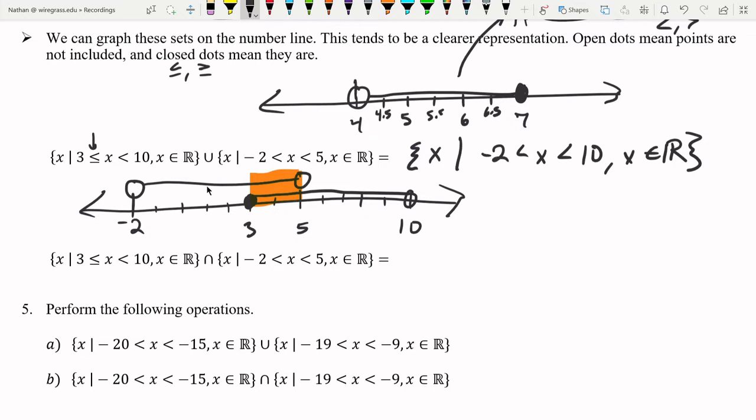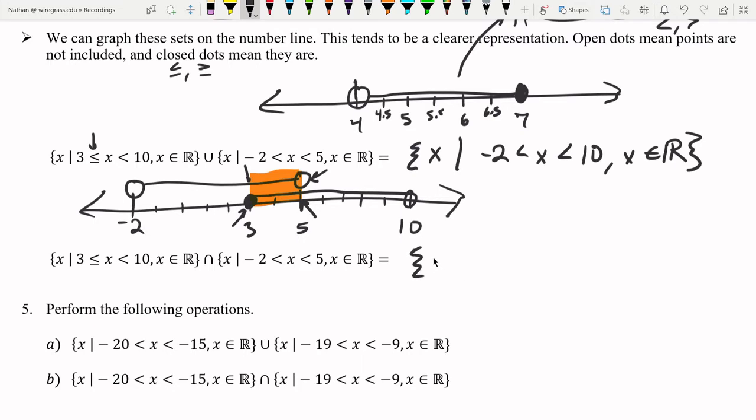So 3 is in both sets. 3 is in this top set because there's a solid bar there, and 3 is in the bottom set because it's a closed dot. 5 is not in the top set. It is in the bottom set, but it has to be in both to be included in the intersection. Therefore, 5 is not included. Everything between 3 and 5, however, is included in the intersection.